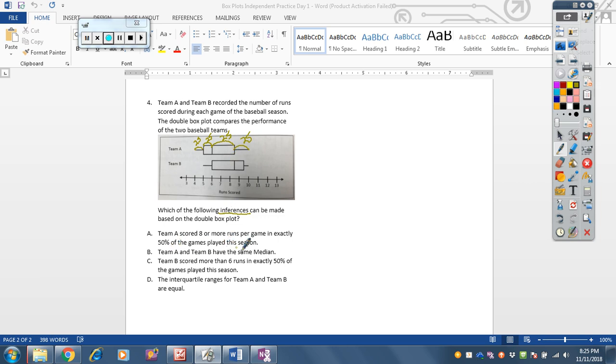Team A and B have the same median. Remember, these are your medians. Team B scored more than 6 runs in exactly 50% of the games played this season. So 6 runs, 50%, that's three sections.